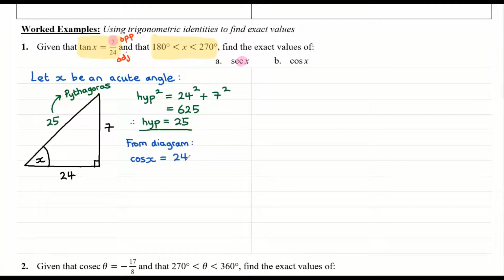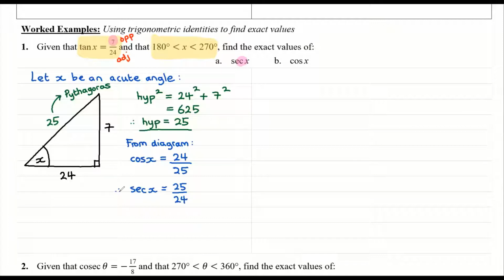That's going to be 24 over 25. For the other part, we reciprocate that, so we know that sec x is going to be the reciprocal of that, which is 25 over 24. And we could find sine x and cosec x just as easily. So that's with x as an acute angle.